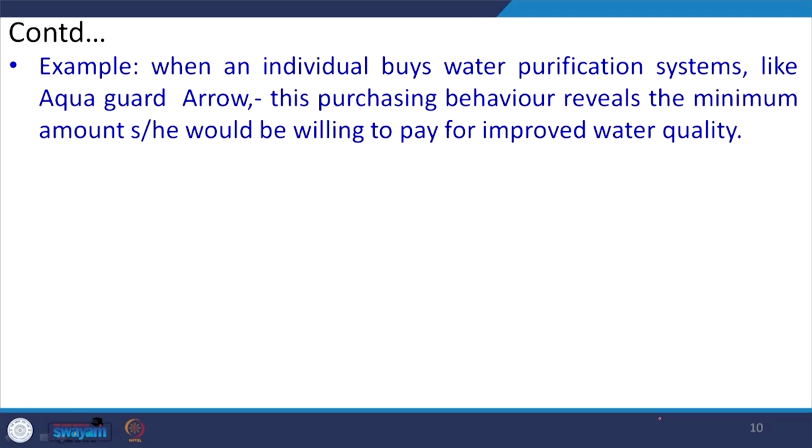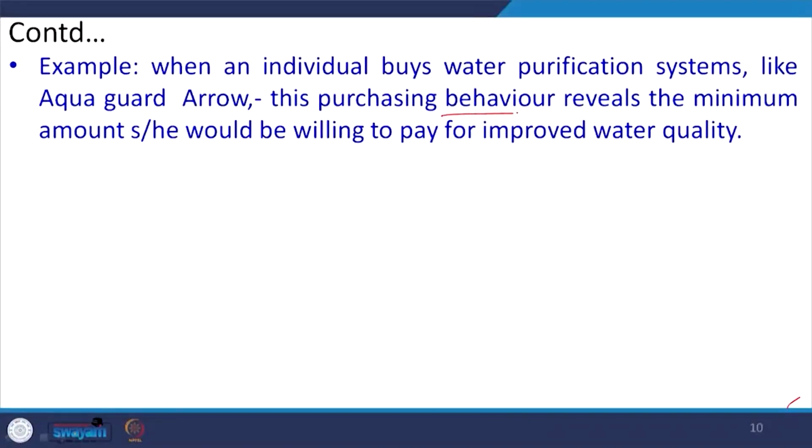This purchasing behavior is a preference, and it reveals the minimum amount the person is willing to pay for quality water or improved water quality. That is why he or she is interested in purchasing this water purification system, and has already purchased it. So, what we emphasize here is the behavior, the purchasing behavior of this Aquaguard RO.